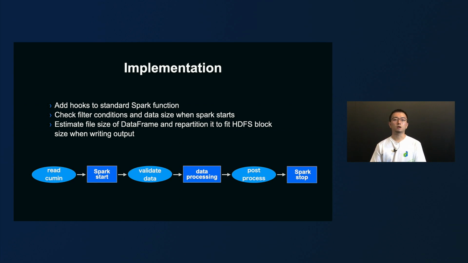By utilizing this, while you usually need to do the validations after starting Spark, this can happen simultaneously as the Spark starts. Through this, the validation will run automatically without the user having to write the routine process. By writing out part of the output data by hooking the functions written into HDFS, the overall file size will be estimated. By doing repartitioning before the writing, the file size is optimized.